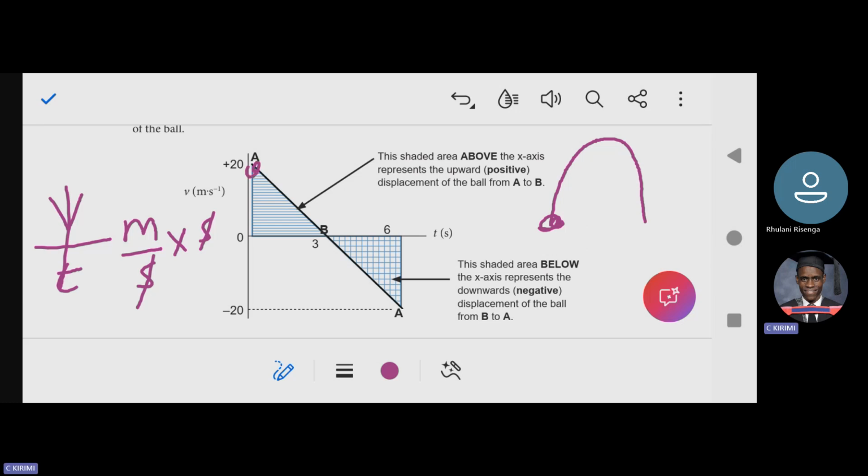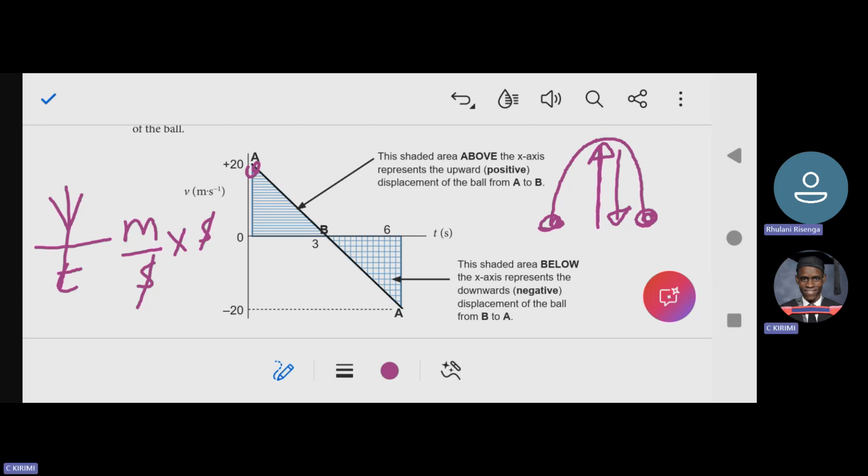And at the end point, you read the velocity when the ball returned. If you want to know the total distance moved by the projectile, going up and coming down, you use the shaded area.